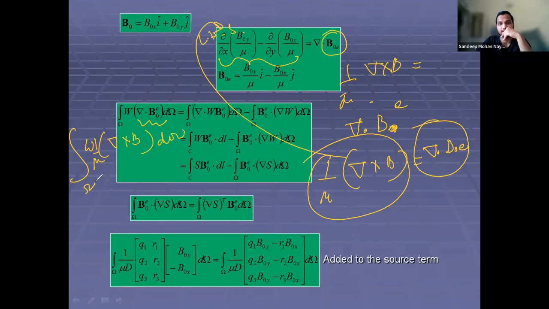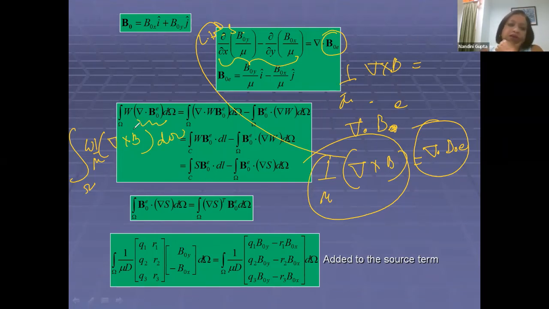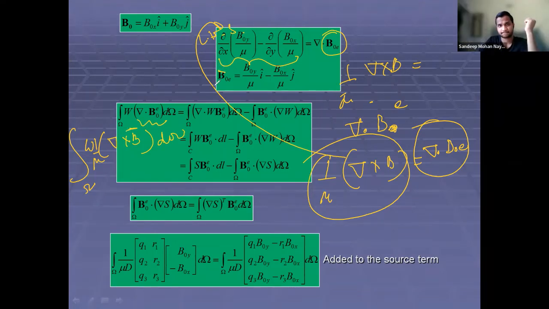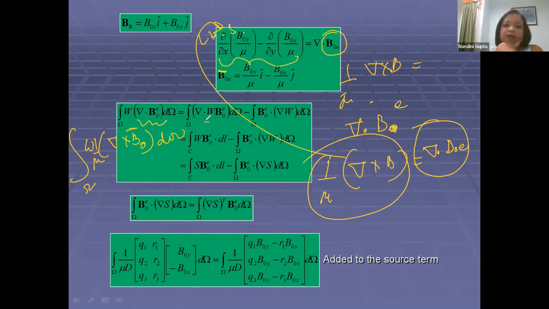Ma'am, it is a vector quantity on the left-hand side, and the right-hand side is a scalar quantity. So only we are considering the magnitude here. No, it's not. There is no scalar and vector. It's all a vector. B is a vector. B naught is a vector. Right-hand side, ma'am, it is a dot product. So we'll get a scalar quantity. This one.